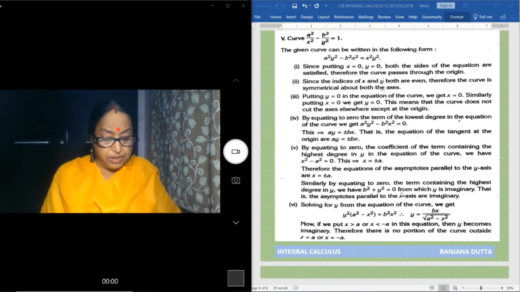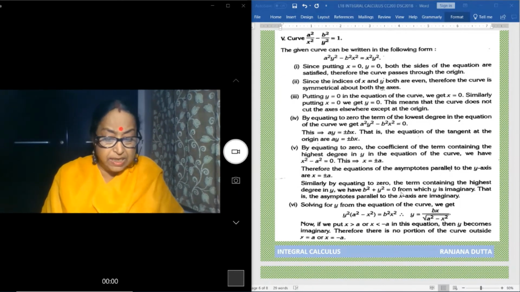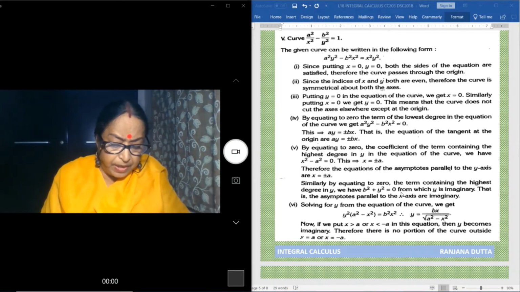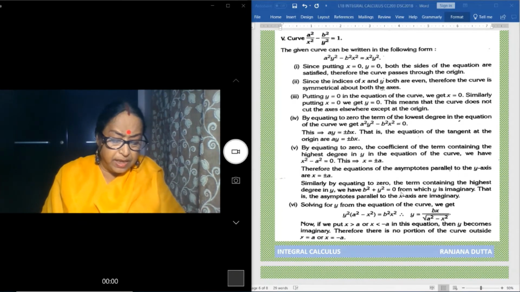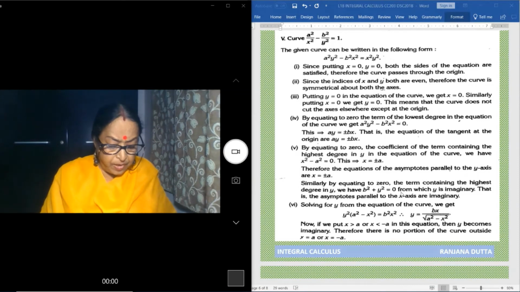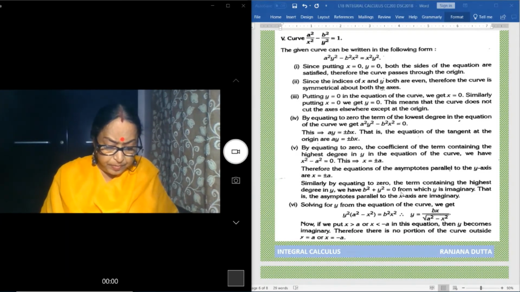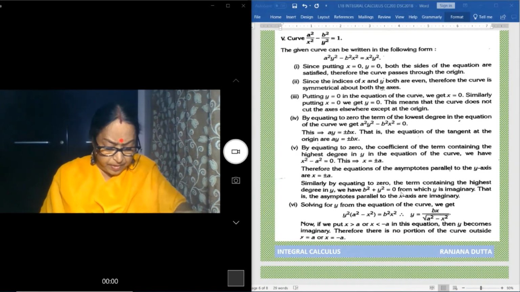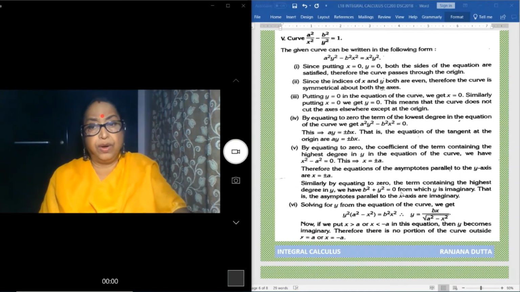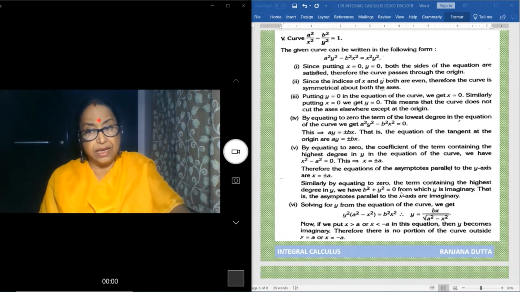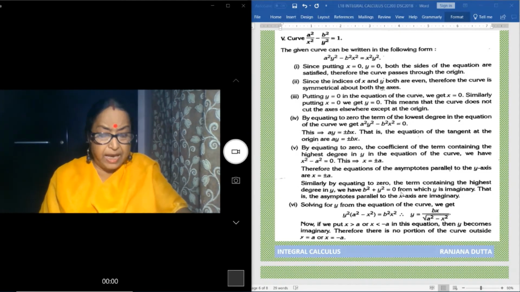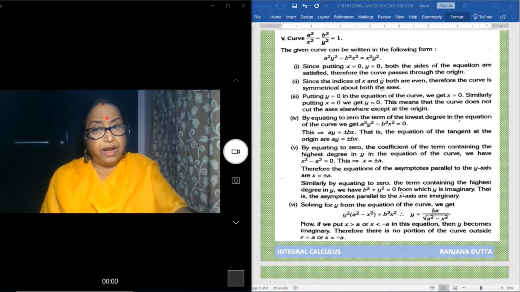By equating to 0 the term of lowest degree, we get a square y square minus b square x square is equal to 0, which gives us ay is equal to plus minus bx. So see here, y is equal to bx is the equation of a line.